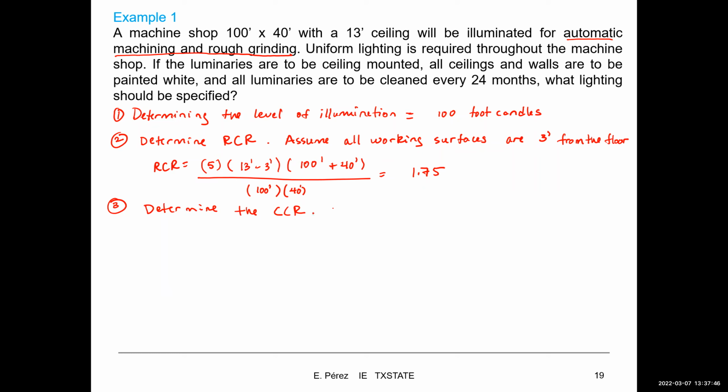In this case, the CCR need not be considered because the lights are ceiling mounted.